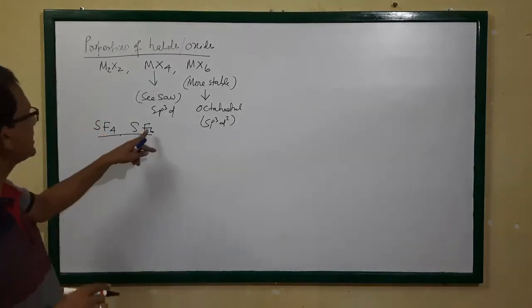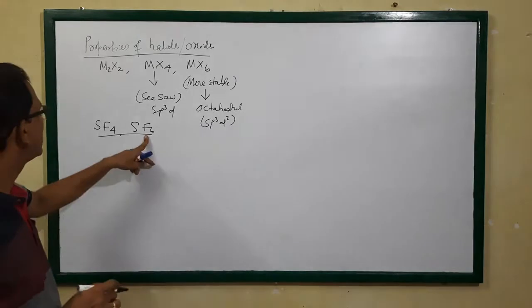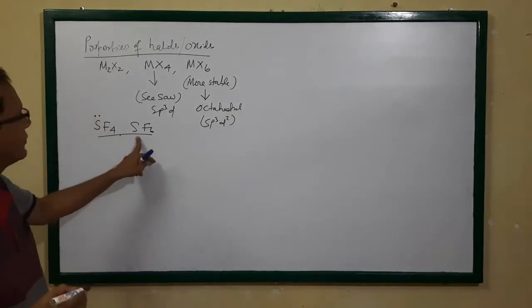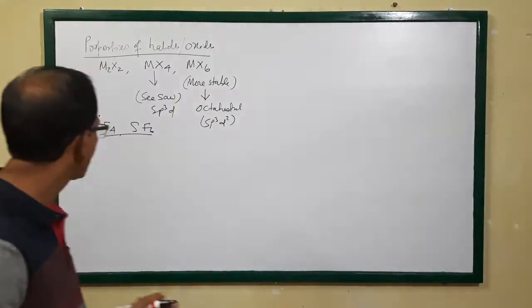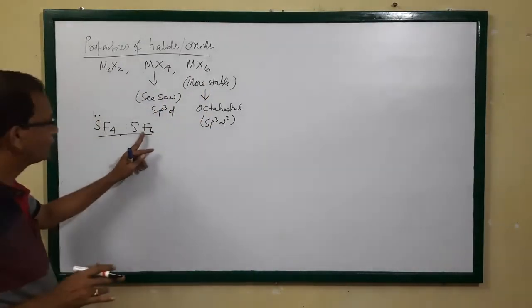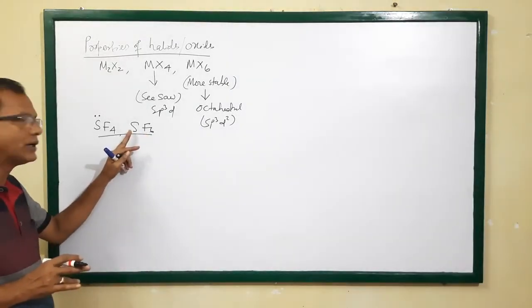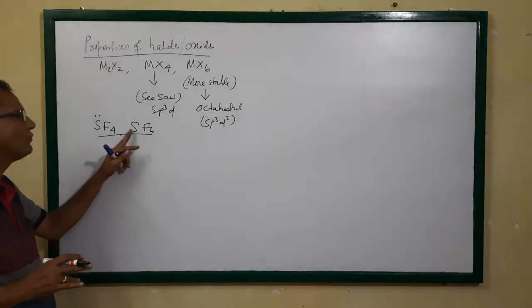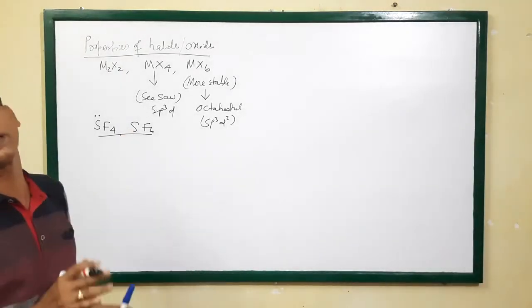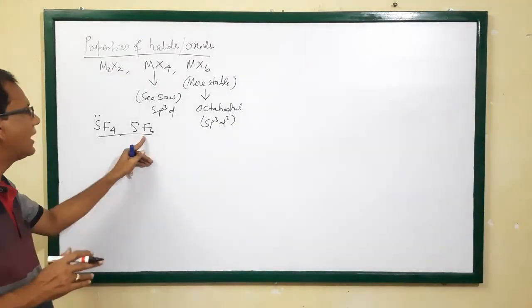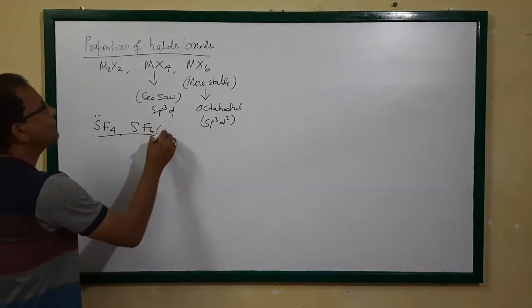sulfur tetrafluoride contains one lone pair and sulfur hexafluoride has no lone pair. Six fluoride atoms cover the sulfur atom. So the sulfur atom is sterically protected by six fluoride atoms. That's why it is more stable.